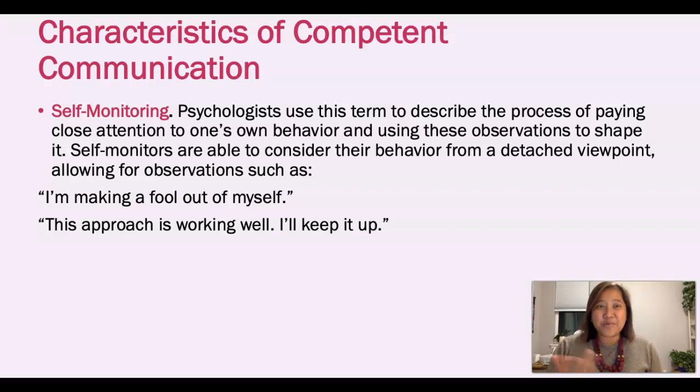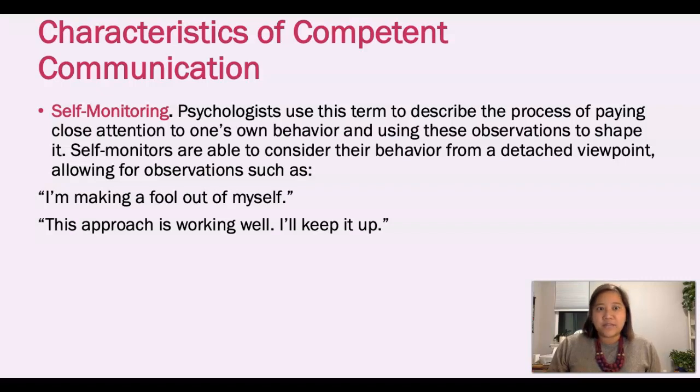And then the last one was that idea of self monitoring. Psychologists use the term to describe the process of paying close attention to one's own behavior and using this observation to shape it. Self monitors are able to consider their behavior from a detached viewpoint, allowing the observation such as, oh no, I'm making a fool out of myself.